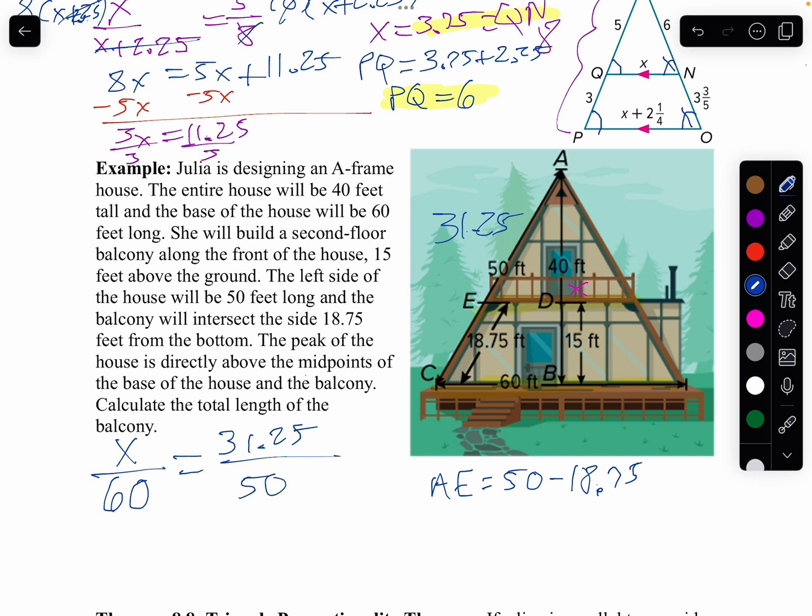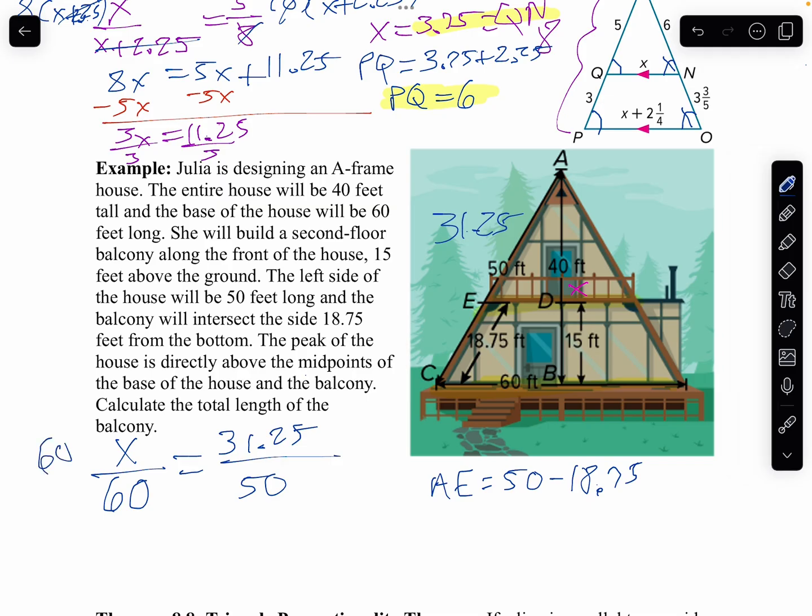And then, to solve for x, I'll just multiply both sides by 60. Remember, 60 is in my numerator. So the 60s reduce on the left. 31.25 times 60, and I'll divide that by 50. And I get 37.5.